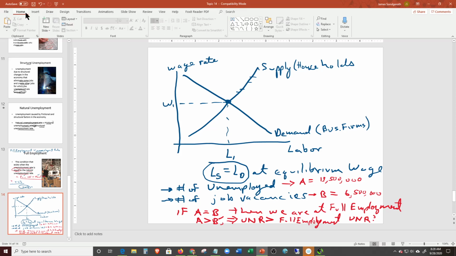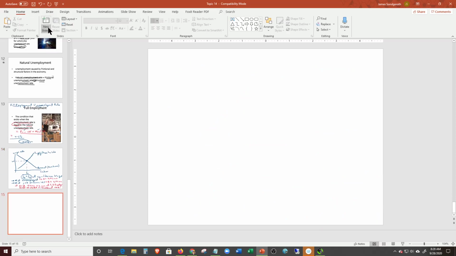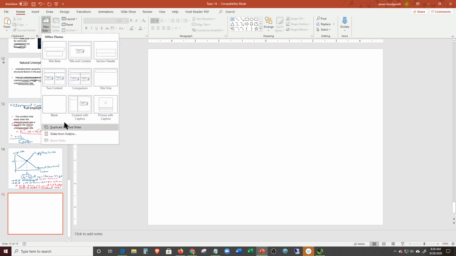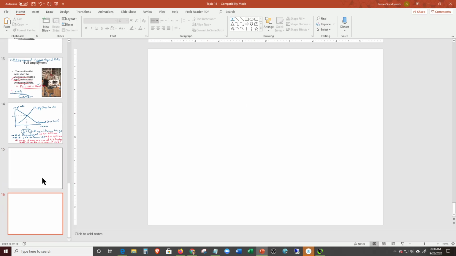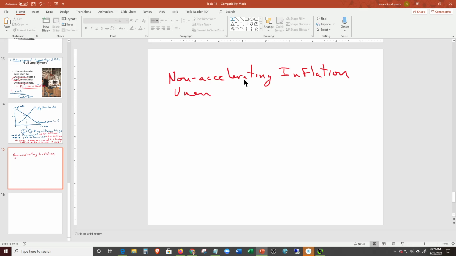One last thing that I want to talk about is another way to measure full employment, and that is called the non-accelerating inflation unemployment rate.